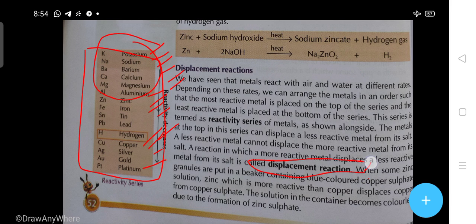Overall, as I told you, a more reactive metal will displace a less reactive metal. When some zinc granules are put in a beaker containing blue copper sulfate solution, zinc, which is more reactive, displaces the copper from copper sulfate, and the solution becomes colourless due to the formation of zinc sulfate.